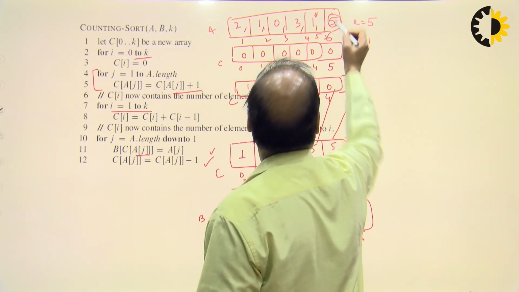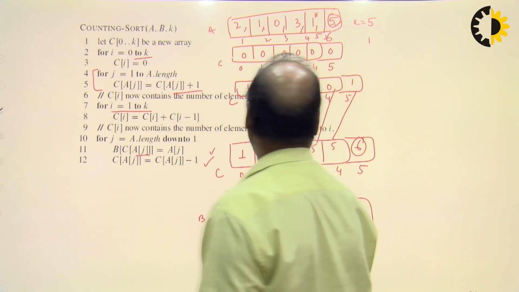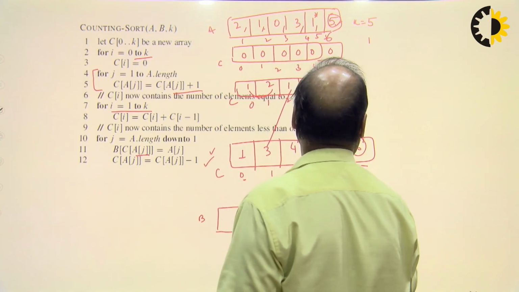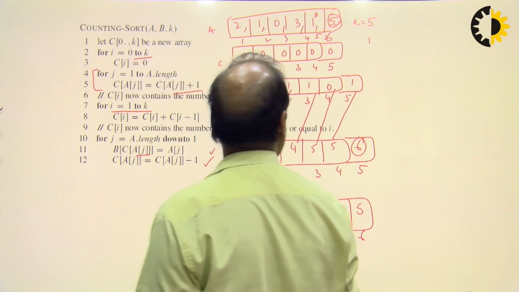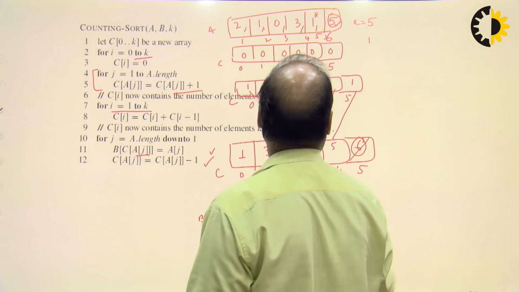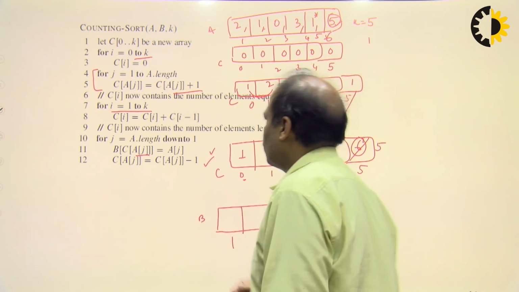A6 is 5. Consult C5, this is 6. So B6 is going to be replaced with this value 5, correct. And then the count of this value is decreased. The count of 5 is decreased to 5. This is the next step.